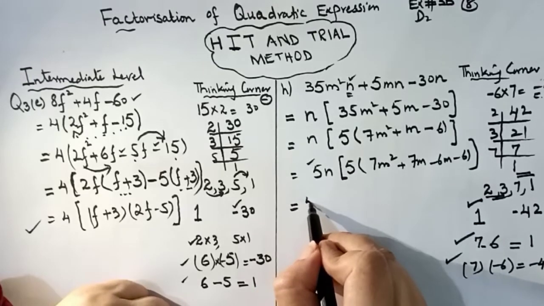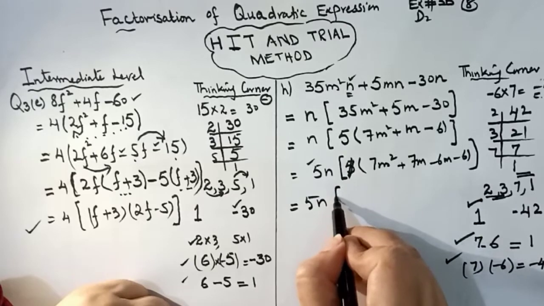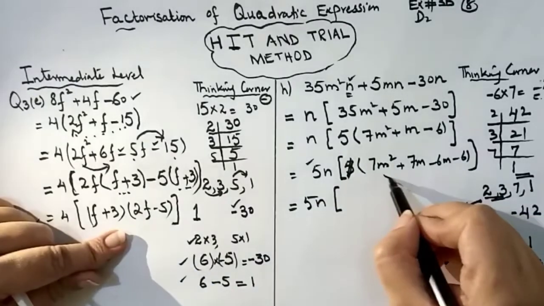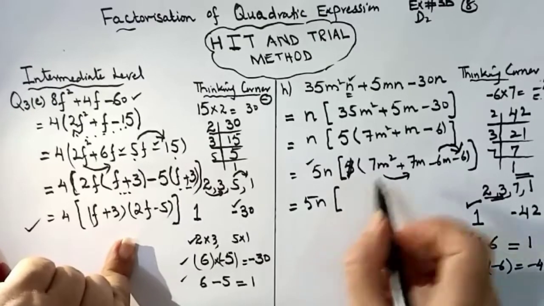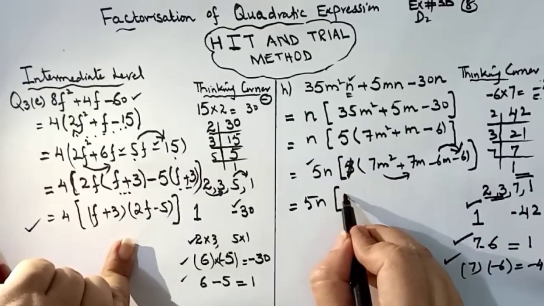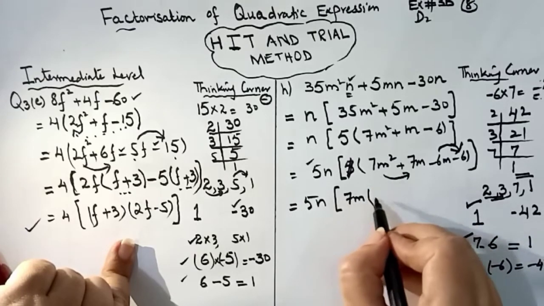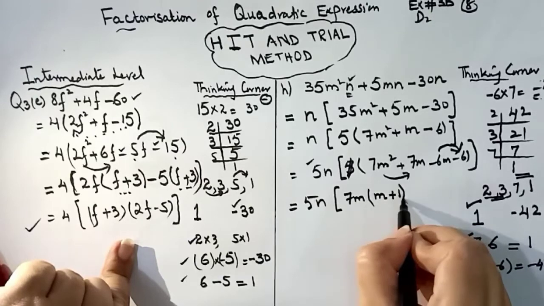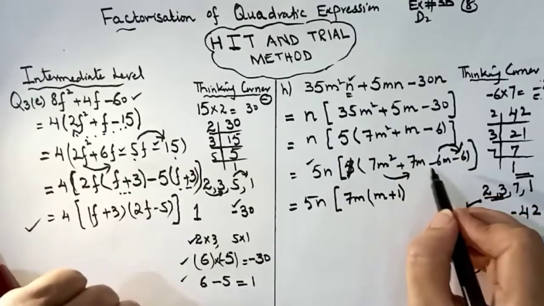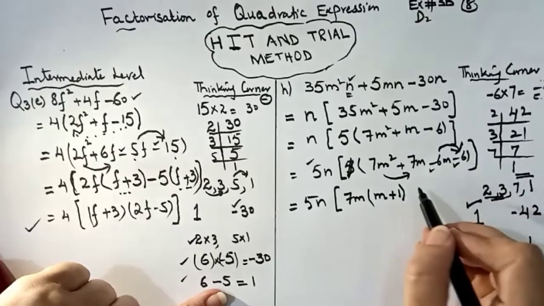Now I have to make the groups of like terms. From the first group I will take 7m common, and on the first place I will have m plus 1. Coming to the second group, I can see that here we have the minus sign with both the numbers.